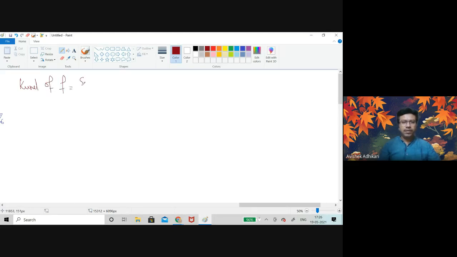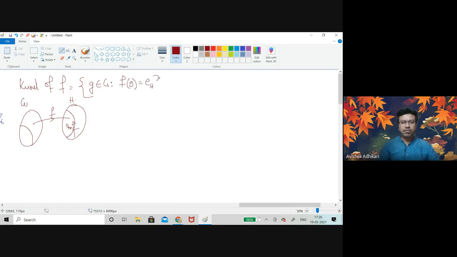It is defined by, so just now we have seen that if this is your homomorphism and say G, H are two groups, then the image is here. So this is your image. But the kernel is something which is a subgroup of G.